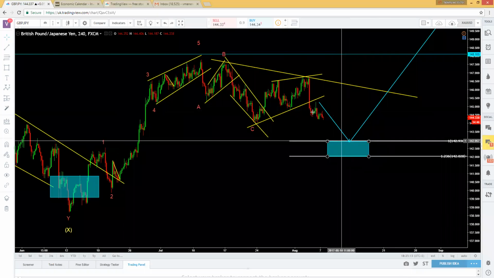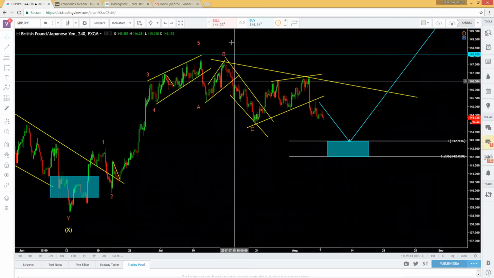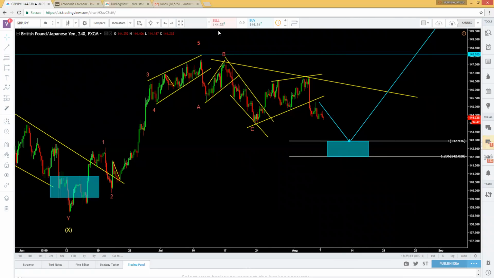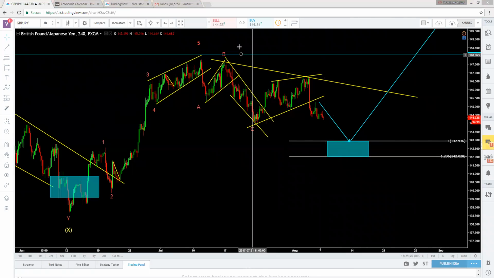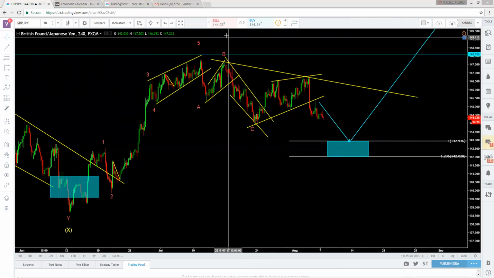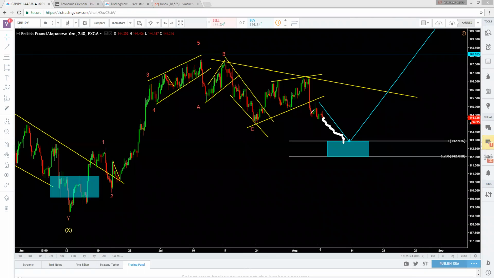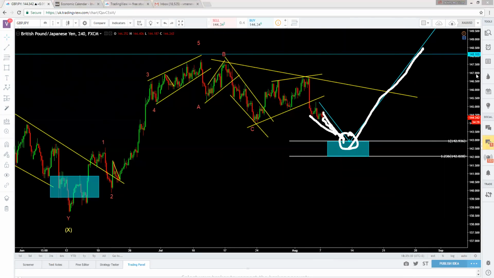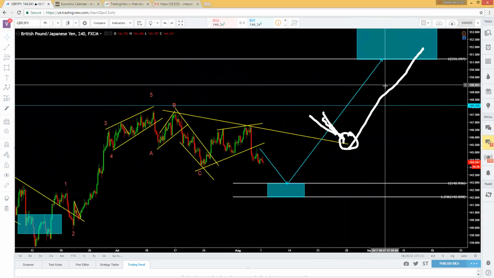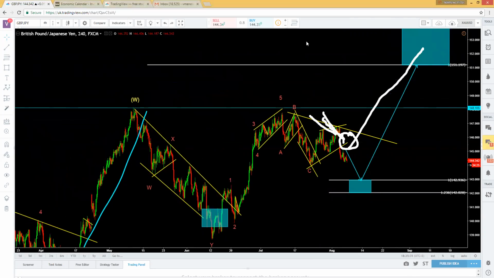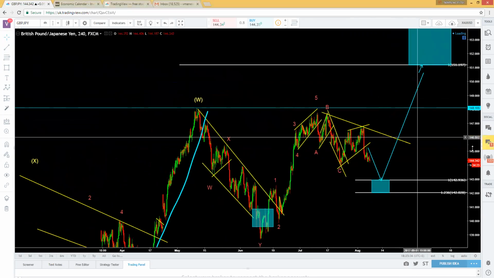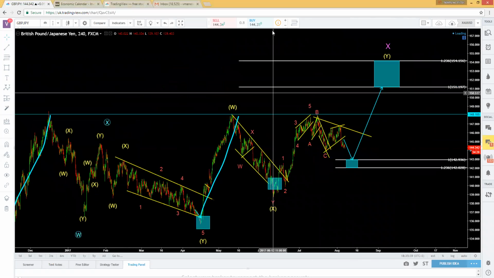So anywhere around the 42 area, I'll be looking to buy this thing. Okay. So that is what I'm looking at on the pound. I'm not looking to buy it just yet. So if it gets to this level, we are buying in anticipation of the completion of the larger, remember the larger one.